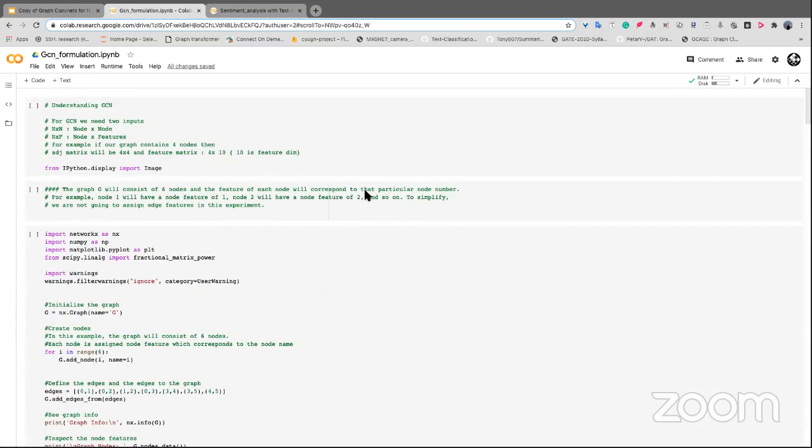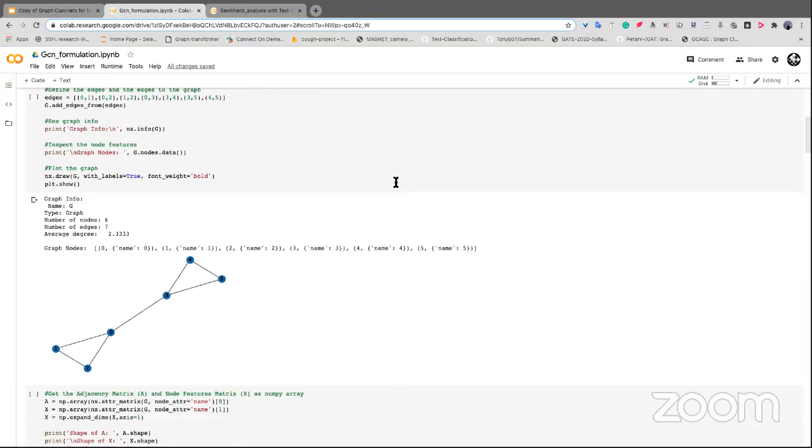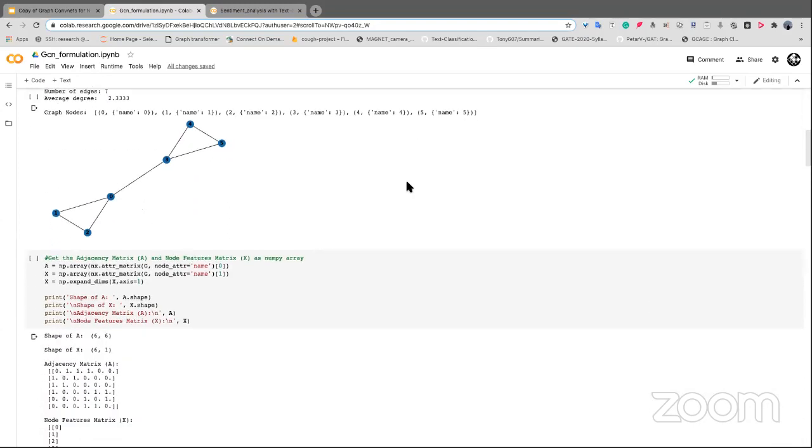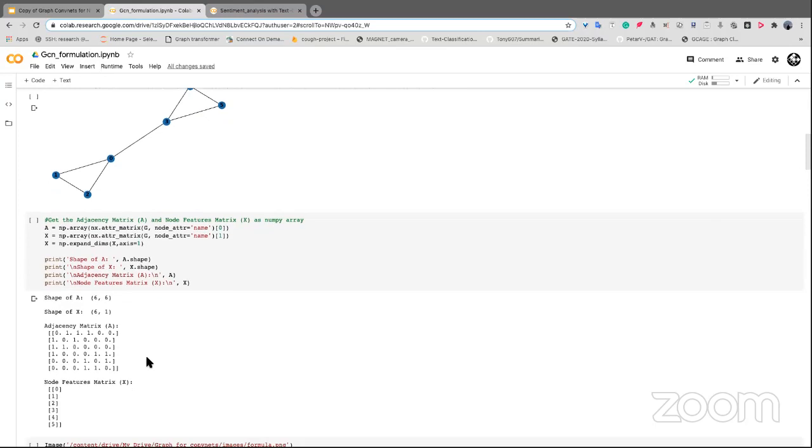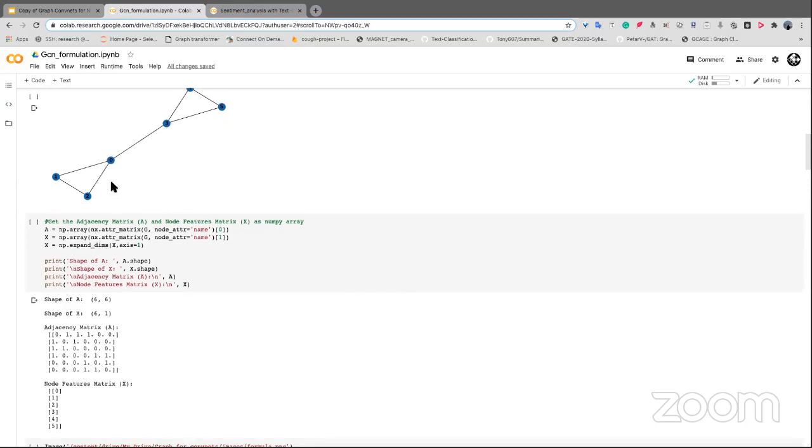We are taking a very simple graph with 6 nodes. We first created the adjacency matrix, which tells you that if there is a path between two nodes, it is 1, otherwise it is 0. Then we assigned a feature to each node. Just for demo purposes, I'm taking one feature per node, but you can increase the dimension to 200, 300 per node.